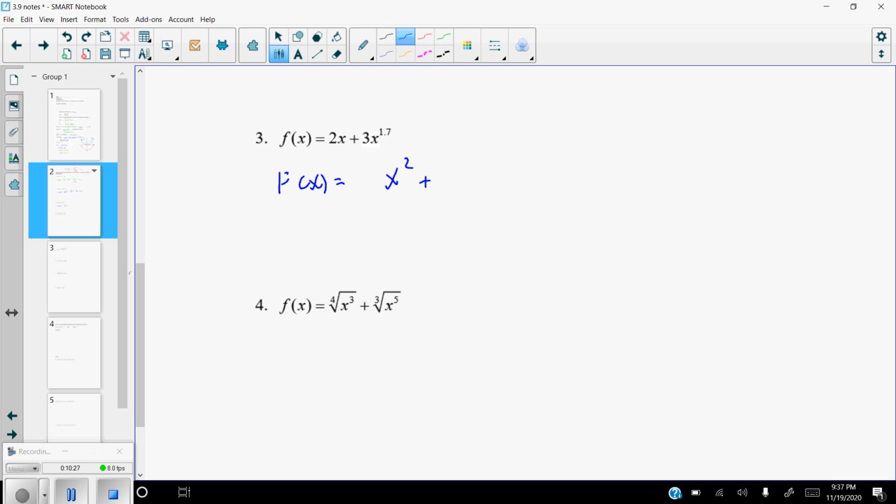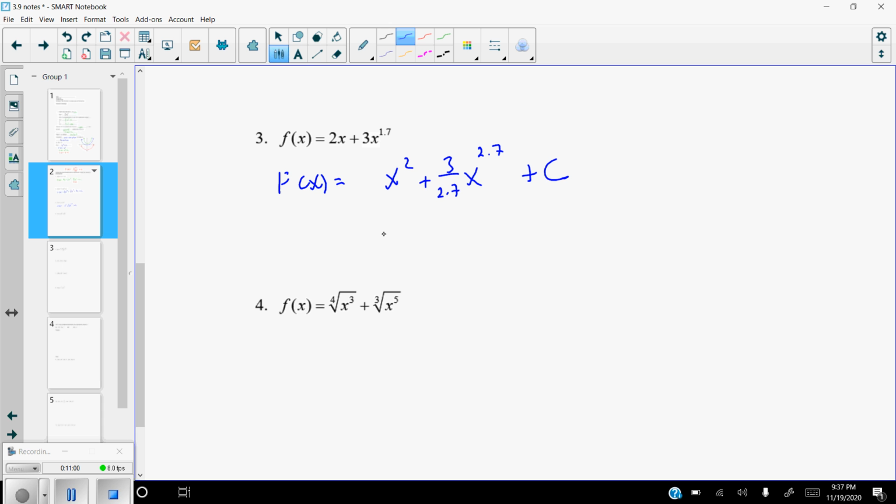Now, it's got a little bit different one here because we have a decimal exponent, but it's the same idea. We're going to raise the exponent by 1, which is going to be to the 2.7, and then we're going to divide the coefficient 3 by 2.7, and don't forget, plus c. Let's actually make that look like a 2.7. Now, this is an acceptable answer. It's just not the way you would probably see it because we don't typically leave decimals or fractions on top of other decimals or fractions.